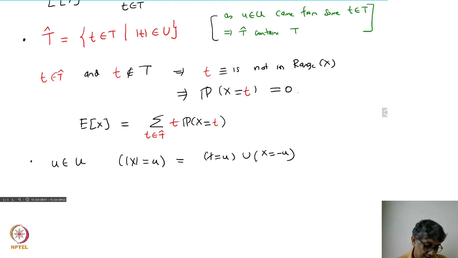Then you know the following fact: u is in t hat and minus u is also in t hat. This you also know, because u is in U and you know that u and minus u are in t hat. Let's observe.